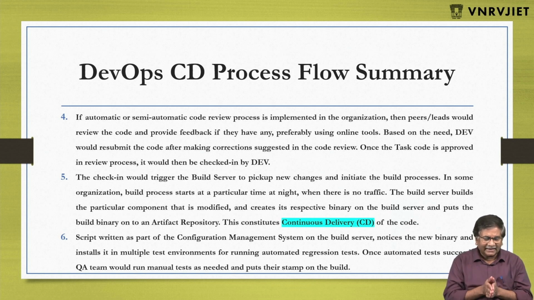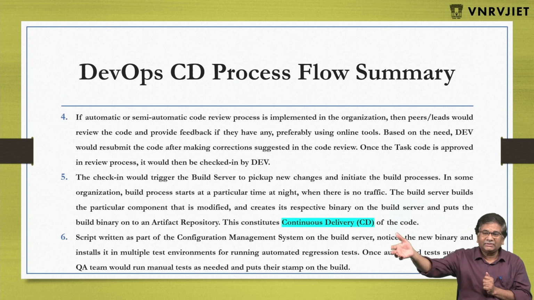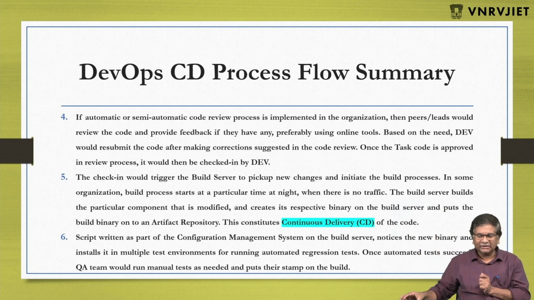Now the last, 6th step: scripts written as part of the configuration system on the build server notice the new binary and install it on multiple test environments for running automated regression tests. As soon as the installer is put in the artifact repository, maybe there is some configuration management running on the build server that says, okay, this installer is there, so let's put it onto the test machines.